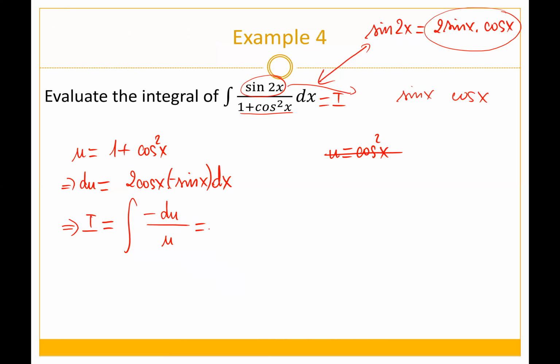So my integral right now is going to be negative ln of u plus c, which is negative ln of 1 plus cosine square x plus c. So from here to here is where we use the integral of log, but from here to there is the trick of doing u substitution and knowing this double angle formula.